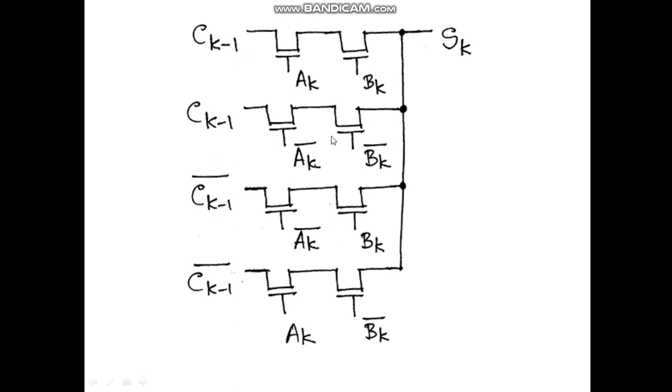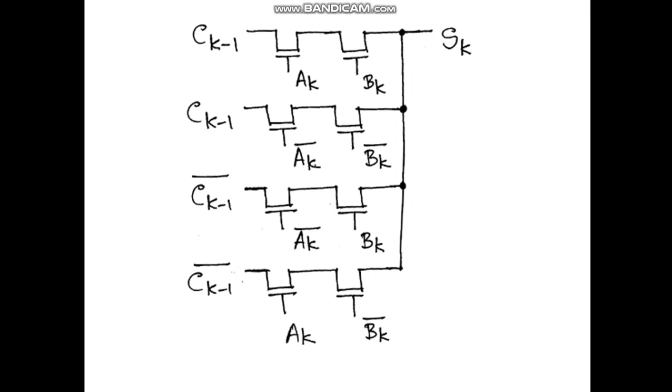Here you can see that when Ak and Bk are both 1, the condition in the first row, both the NMOS transistors are turned on and Sk is the same as Ck-1.